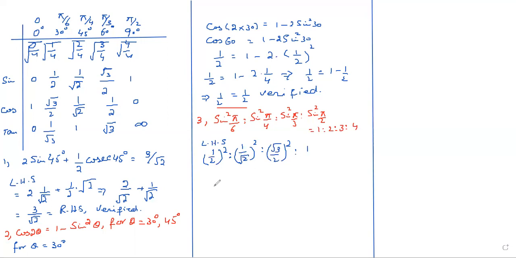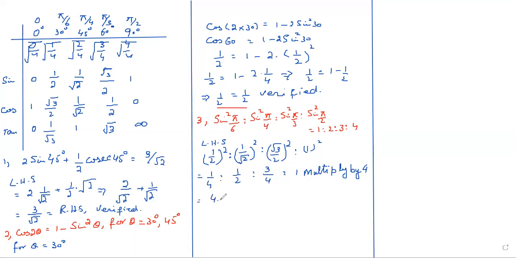Okay. So now this is 1 over 4. This is 1 over 2. This is root 3 over, sorry, root got cancelled, 3 over 4. And this is 1. Okay, we may write it square. So 1 square is 1. Right. So multiply by 4. We multiply each and every number by 4.